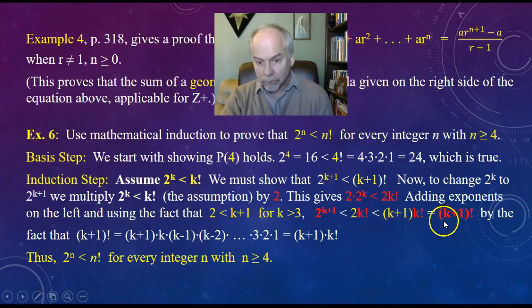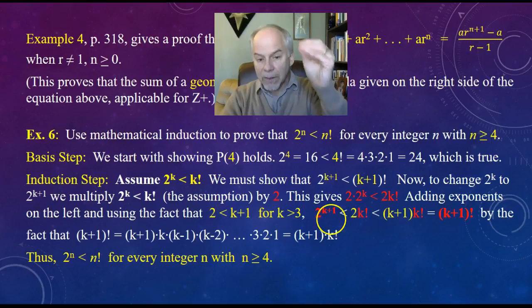All right? So now if you look at the left side and the right side of this big long inequality, you have 2 to the k plus 1 is less than k plus 1 factorial. So that means that we've shown it true for the k plus 1th term.